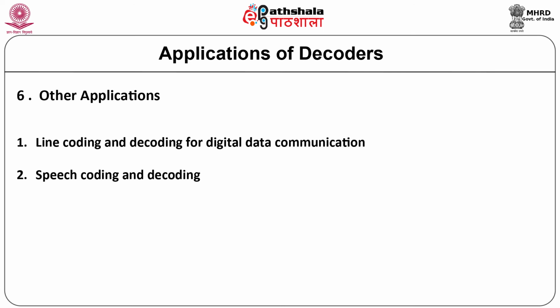The third application of the decoder is expansion of higher order decoders, where one may construct higher order decoders with the help of lower order decoders like 2 to 4, 3 to 8, 4 to 16 decoders. The higher order decoders like 5 to 32 and 6 to 64 can be very easily constructed using lower order decoders.